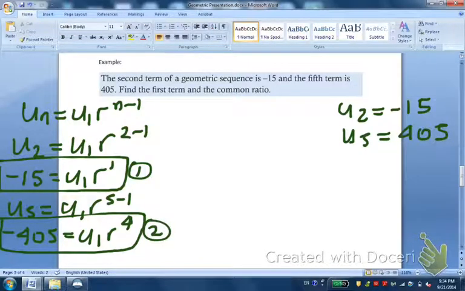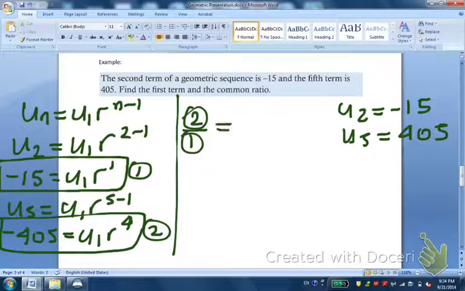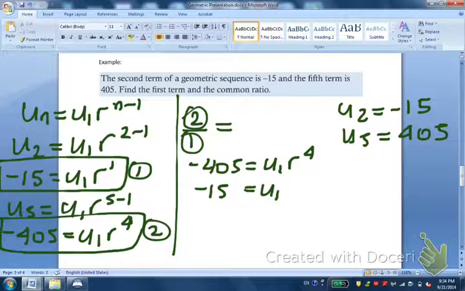If we divide equation 2 over 1, we have 405 is u of 1 r to the 4th on top, and on the bottom we have negative 15 is u of 1 r to the 1. If we divide these two equations, notice that the u1s cancel.